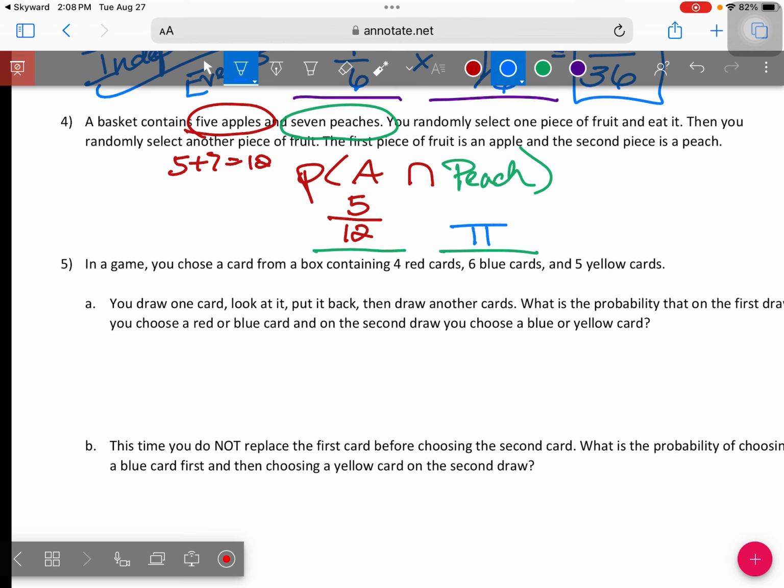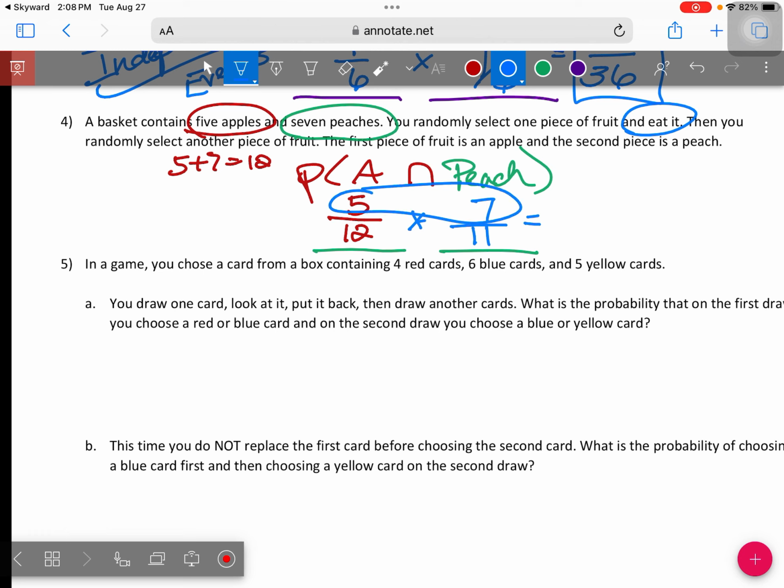Wait, it says I eat the whole thing. I said I took a bite, but it says you eat it. So I have 11 left, but in the second one, I'm trying to get a peach. What's the probability of getting a peach? 7 out of 11. And remember, this is all theoretical. That doesn't mean I get an apple on the first pick and then I get a peach, but according to probability, that's what it should be.